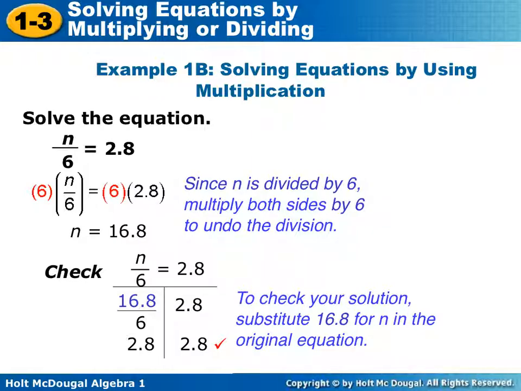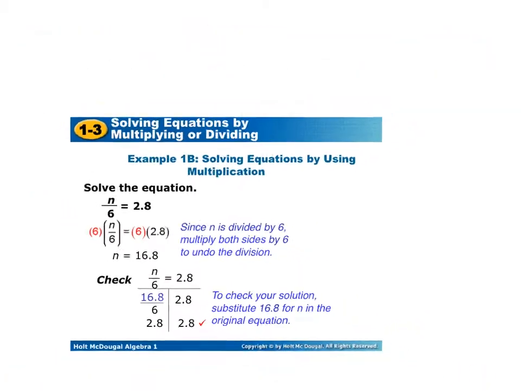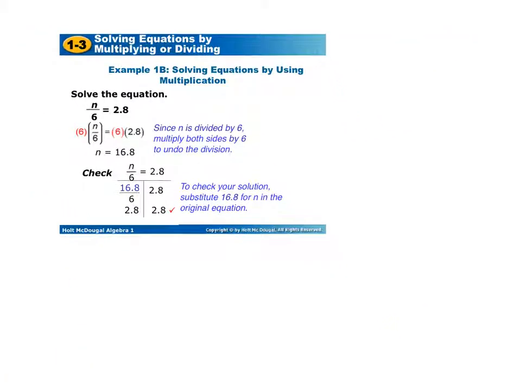Again, we have a division equation that we will be using multiplication to solve. So again, our division equations are written as fractions. What am I going to multiply both sides of my equation by to solve for n, or to isolate n?